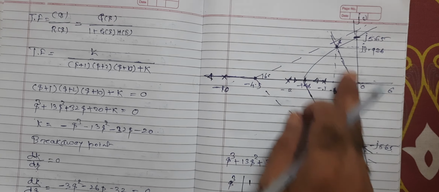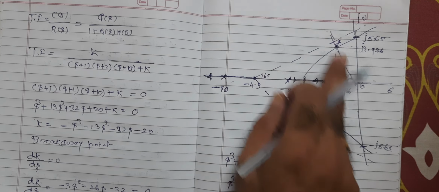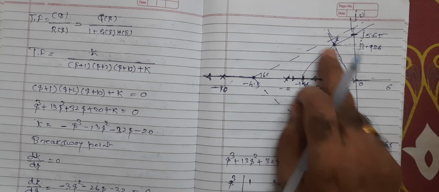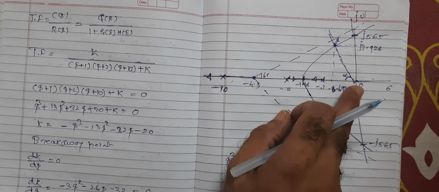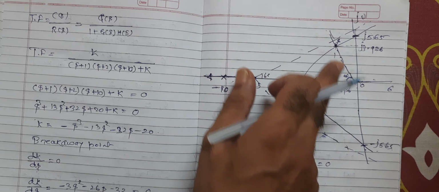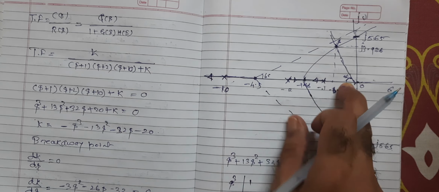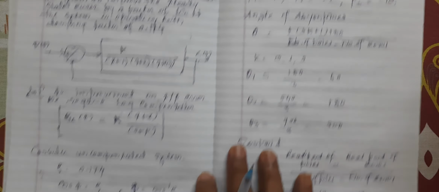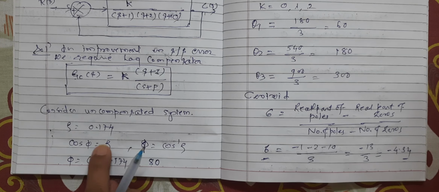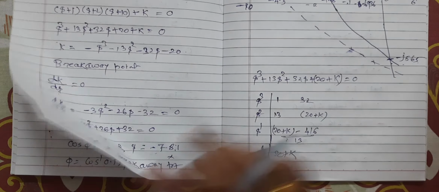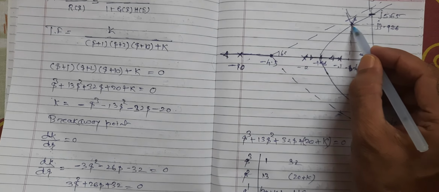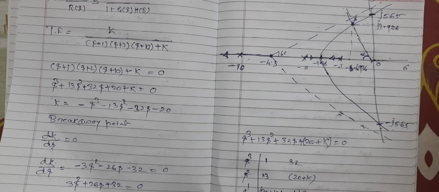This is when my neta equals 0.174, because we have drawn the line at an angle of 80, and when we have taken that angle, neta equals 0.174. So that's why we have phi equals 1. So at this point my value of the neta is 0.174.